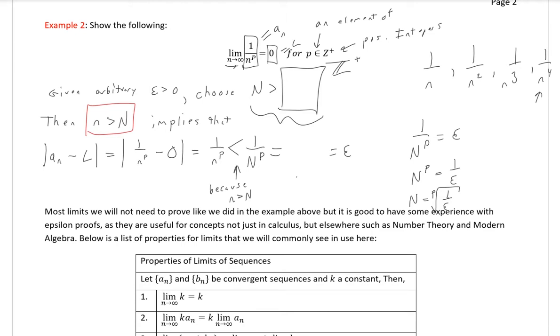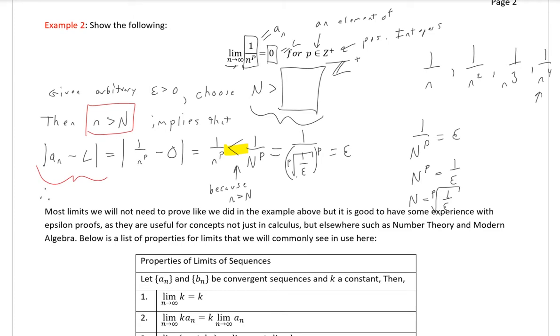Then that means when I replace capital N with this, I get 1 over epsilon to the pth root, to the pth power. Now that I replace that, then I get epsilon, which is less than or equal to my proposed value, which is all I want.